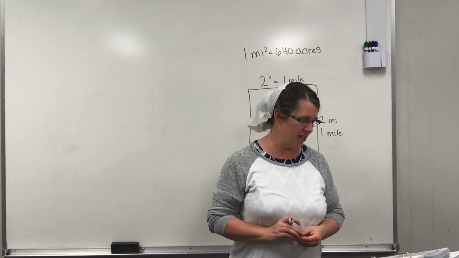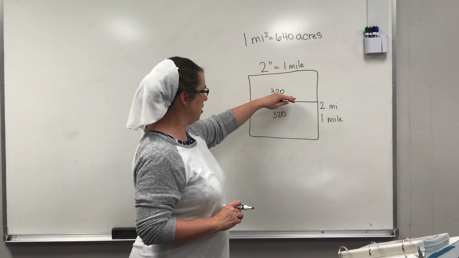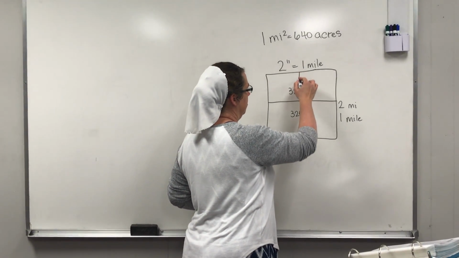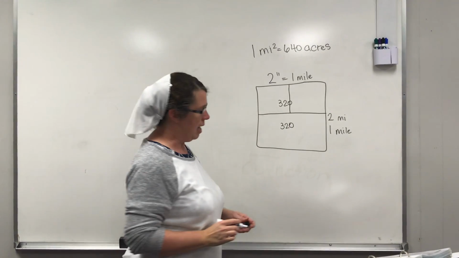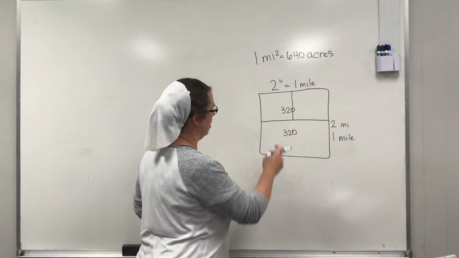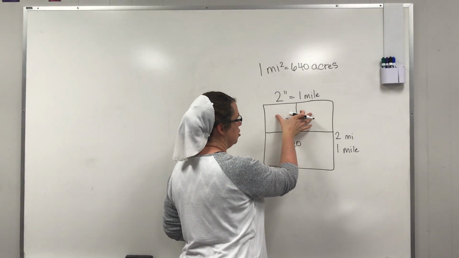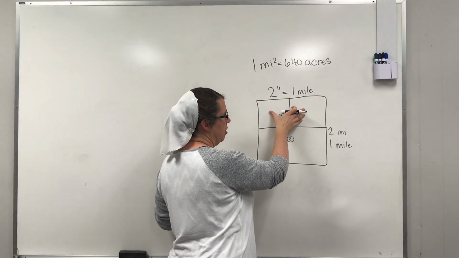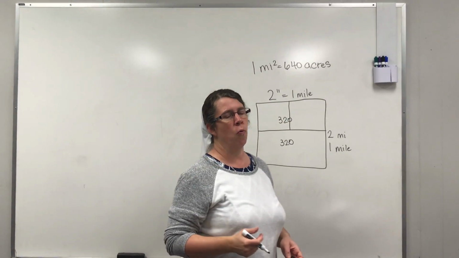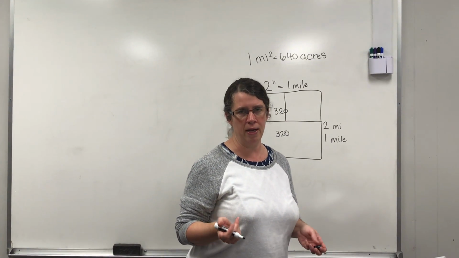Now number 2 says divide the top half section in half again with a vertical line. So take your ruler and divide your top section. Each quarter section, okay, remember both of these sections together represented 320 acres. If we divide it in half, what is half of 320?